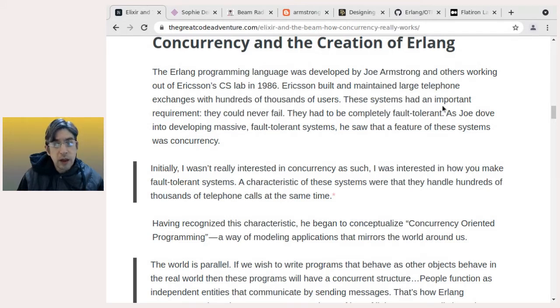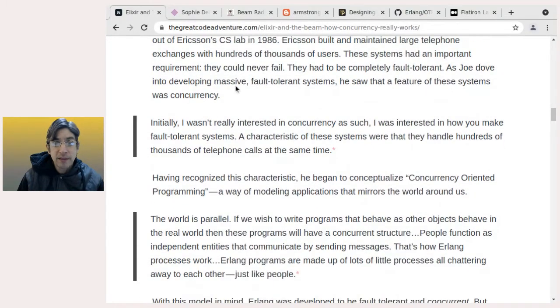These systems had an important requirement. They could never fail. They had to be completely fault-tolerant. As Joe dove into developing massive fault-tolerant systems, he saw that a feature of these systems was concurrency.